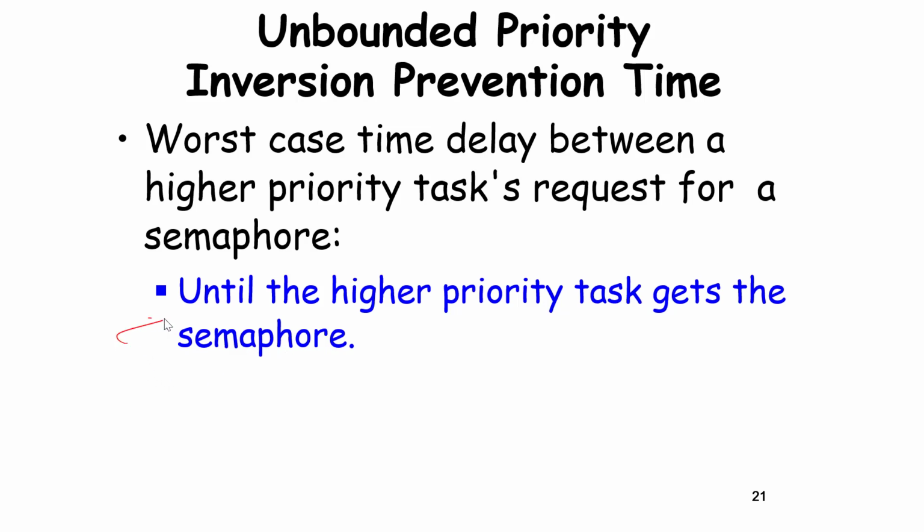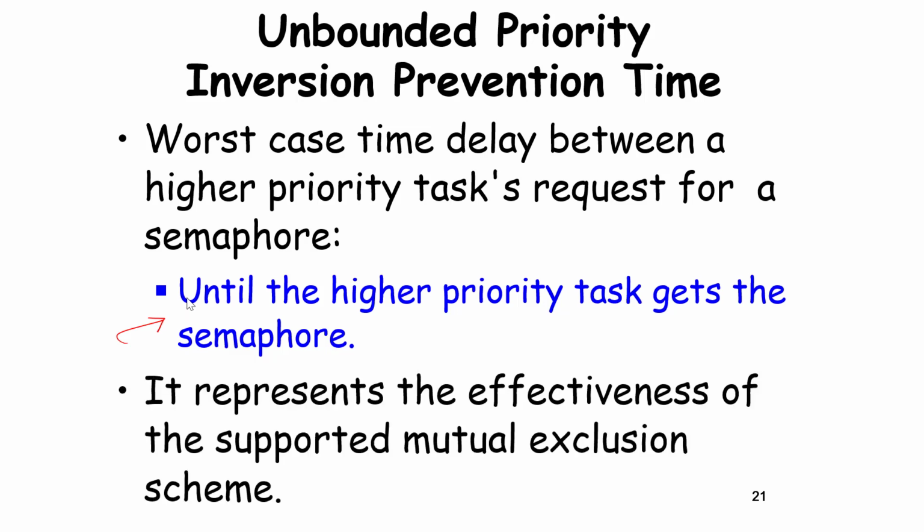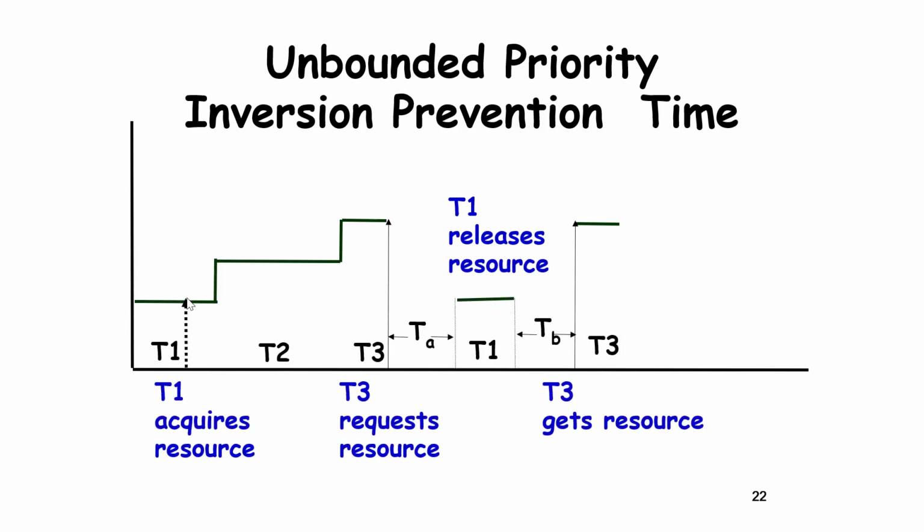So this measures this time. If it is not unbounded, the time will be low. Otherwise, it's going to be high, right? So it represents how effective the priority inheritance mechanism of the mutual exclusion scheme is. So again, unbounded priority inversion prevention time.